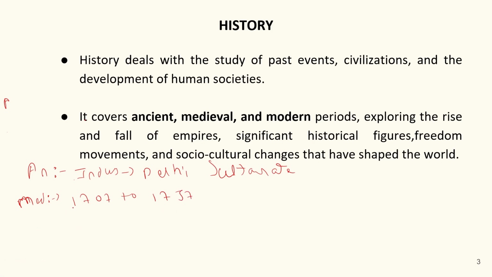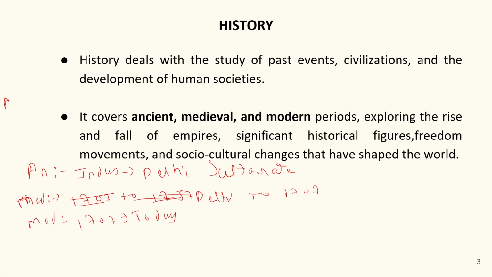Okay? No, sorry. It doesn't start from this. It starts from Delhi Sultanate to the death of Aurangzeb in 1707. For the modern part, it starts from 1707 to today.